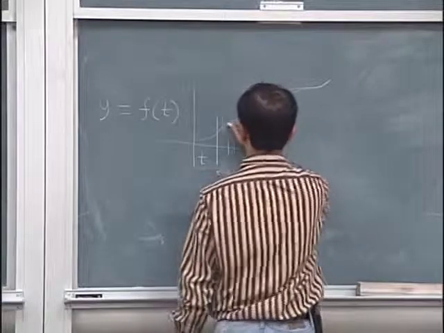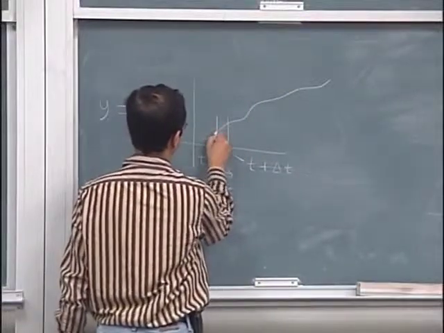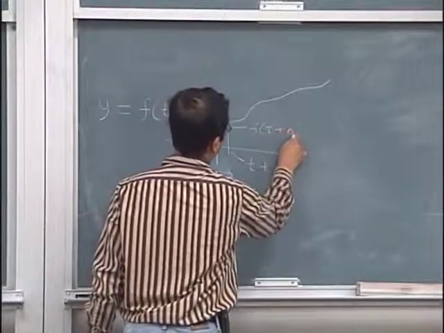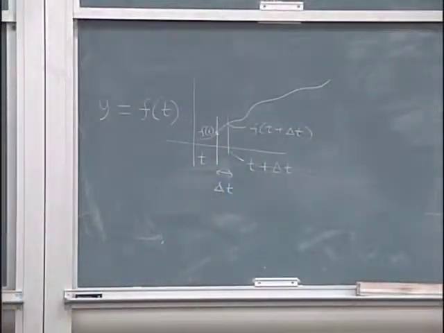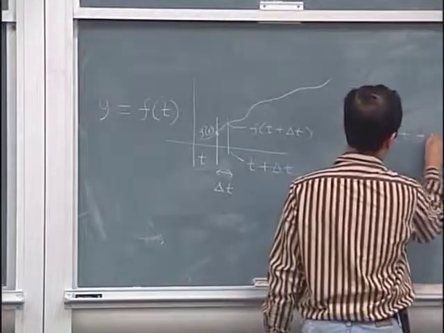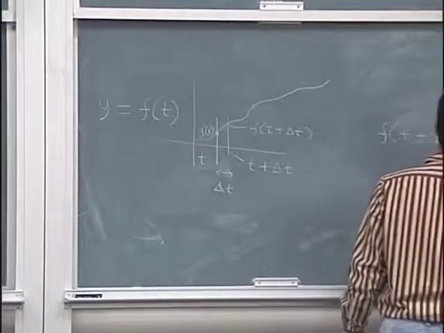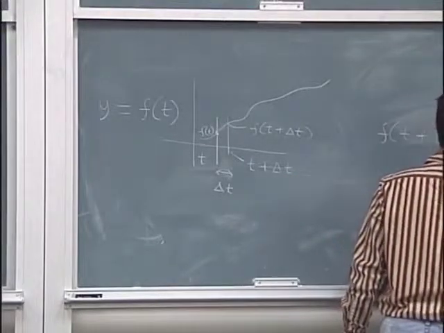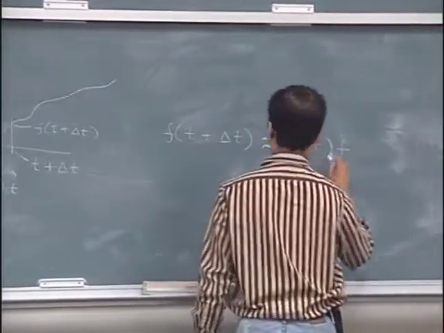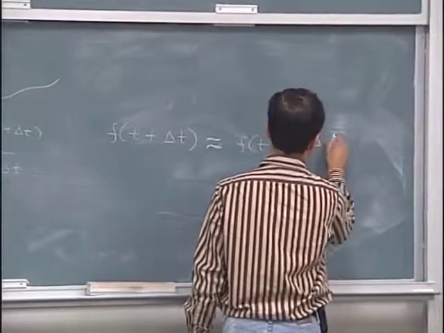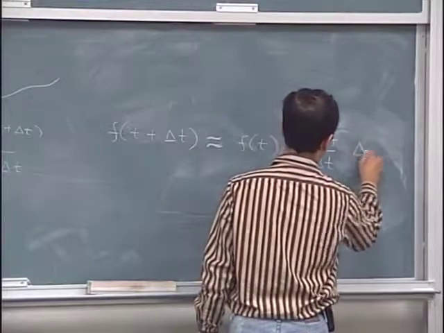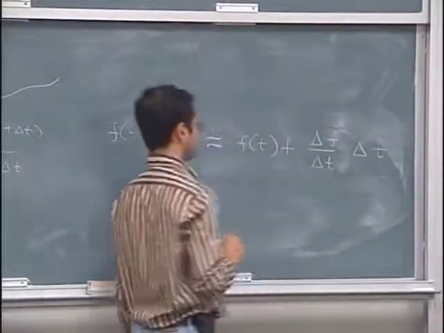And the function here was f(t), and here f(t plus delta t). And f(t plus delta t) can be written as, to some approximation, if delta t is really small, f(t) plus delta f over delta t times delta t.